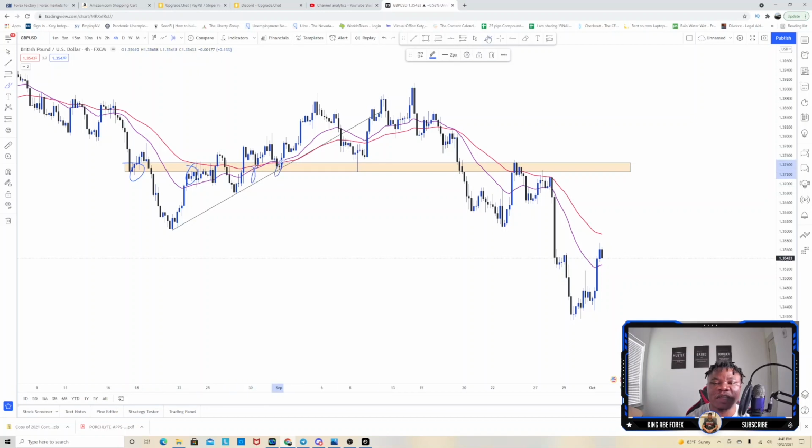Because support is always going to become resistance, and resistance is always going to become support. Now that I have these confirmations right here, now it's time for me to wait for a break of structure above my resistance zone, then a pullback, then I can get in the trade.